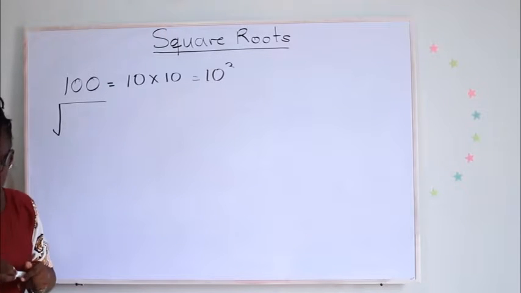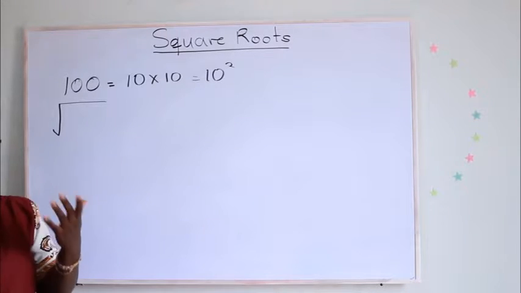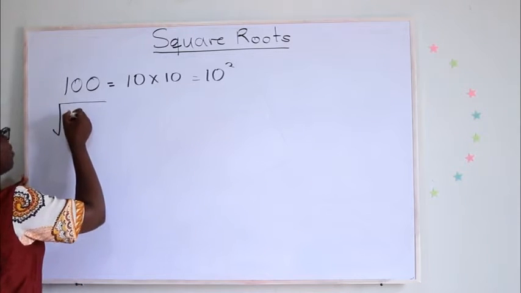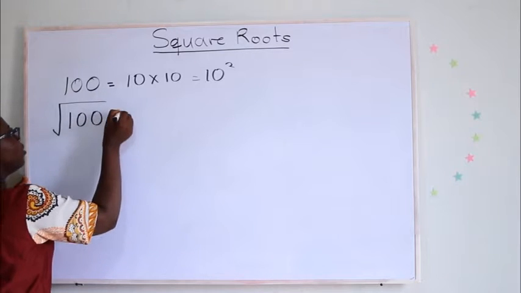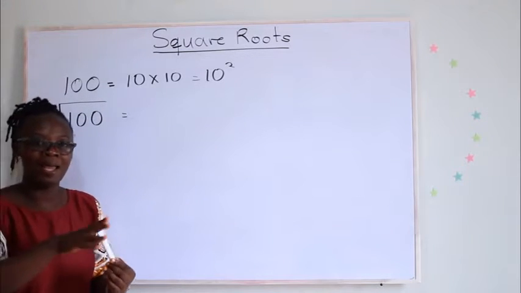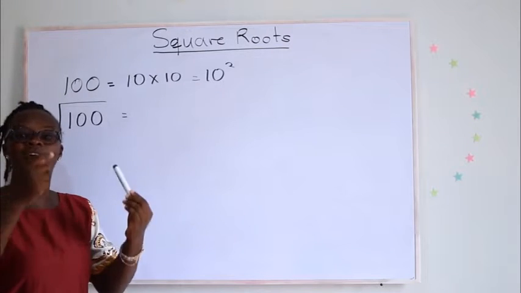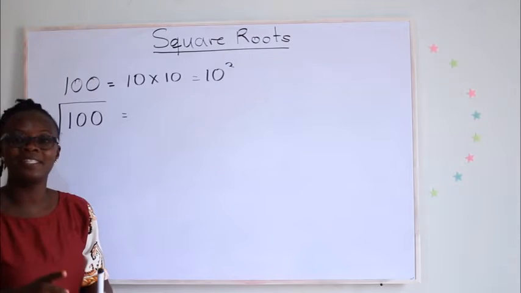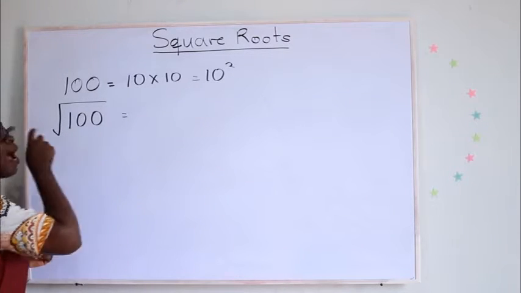Today we are talking about square roots, and mostly the symbol we use is this to represent square roots. So if you are asked to find the square root of a number, let me use the same 100, it means we are looking for a positive number that when we multiply by itself, we will get 100.